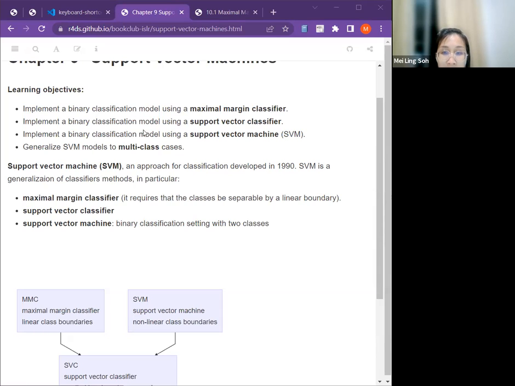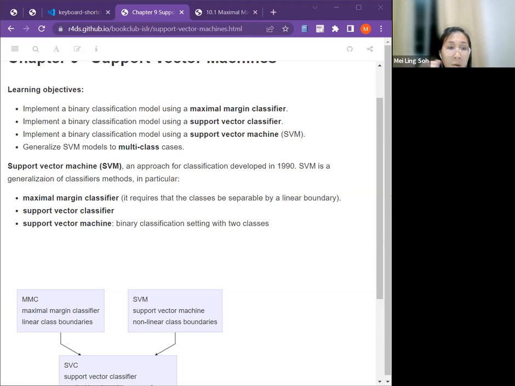Then the second one, we also look at binary classification using a support vector classifier, in the case where you want to allow for some misclassification. Then we can also look into binary classification models using support vector machines. Then after that, we want to generalize these support vector machines into multi-class cases.